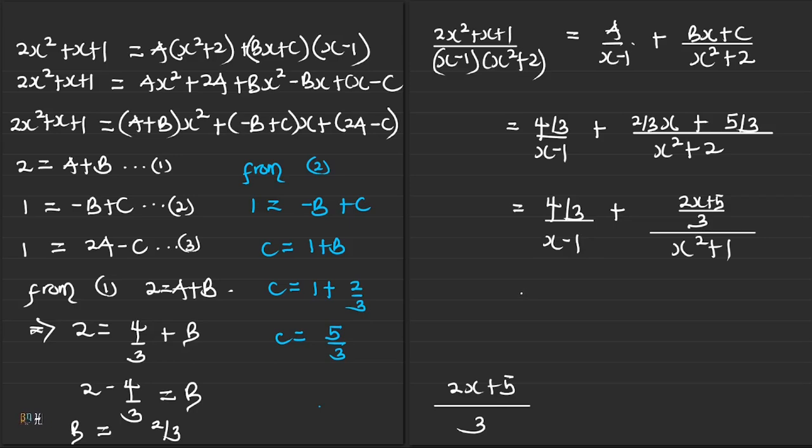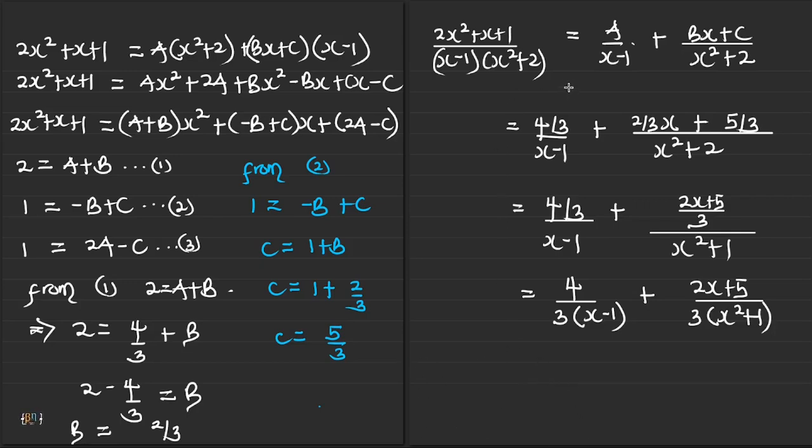So if you want to rewrite this, it's going to be 4 over 3 into bracket x minus 1, then plus 2x plus 5 all over 3 into bracket x squared plus 1. As simple as that. And that is going to be the partial fraction of 2x squared plus x plus 1 all over x minus 1, then x squared plus 2.